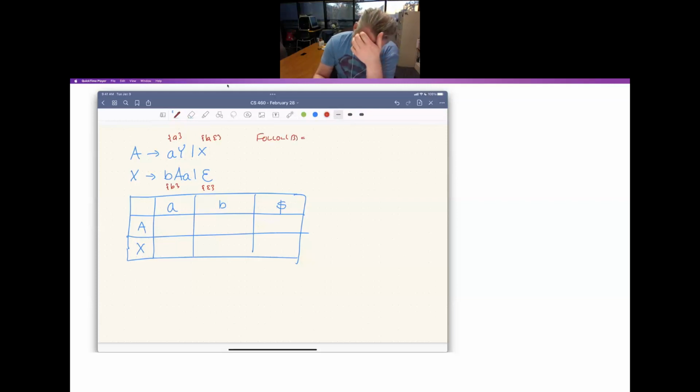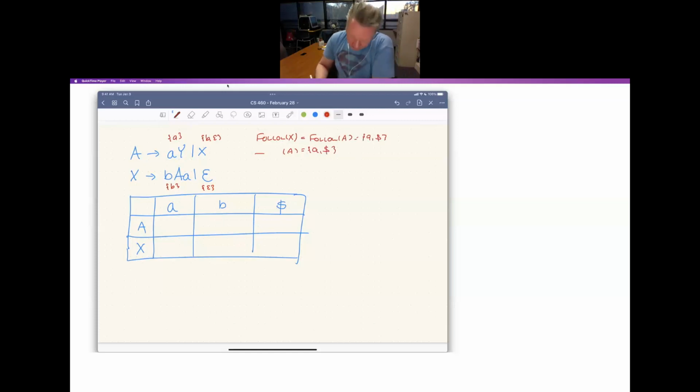Follow of B is little a. Follow of X is follow of A, which is little a and dollar, and follow of A was little a and dollar.